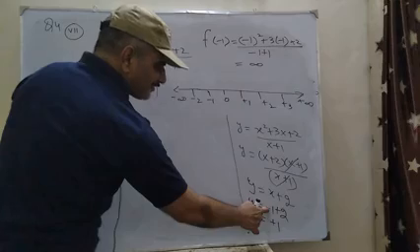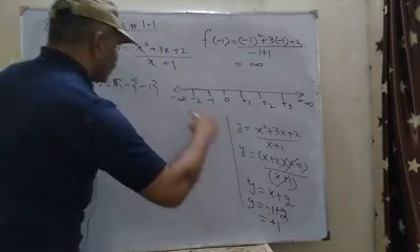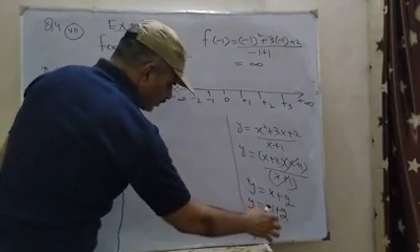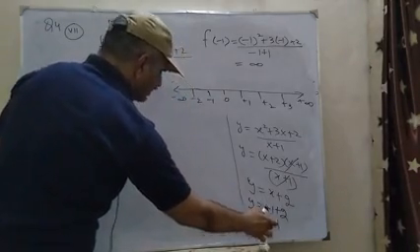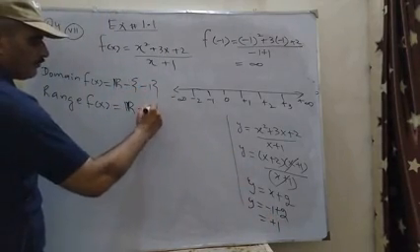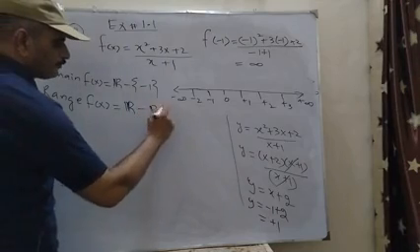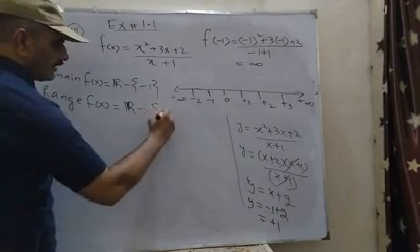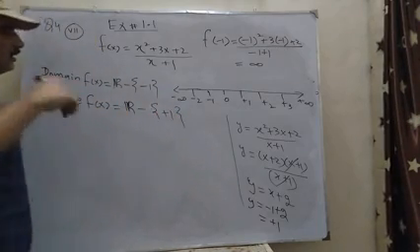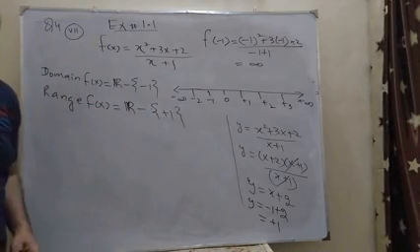As minus 1 is not possible, it is not possible to get plus 1 as range. So your range will be all real numbers except plus 1. So this is a question I have solved for you.